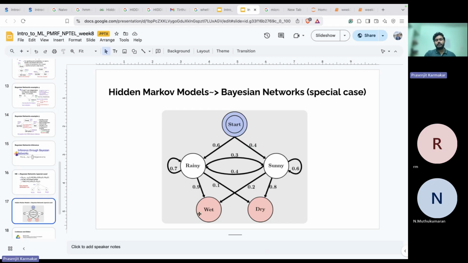And it is basically used to represent time series data. Each time you start with a starting state, you transition and go to an emission state or observable state.